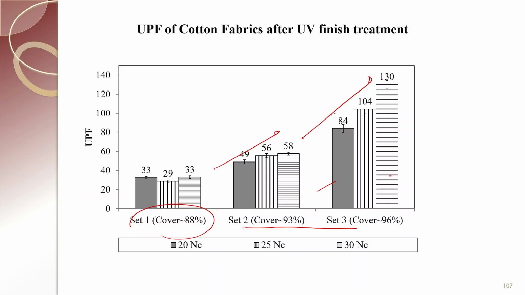For coarser yarn with the larger pores and lower number of pores, the UPF is less, but for finer yarn with smaller size of pores but larger number, the UPF becomes very high for treated. This trend is different from the polyester.